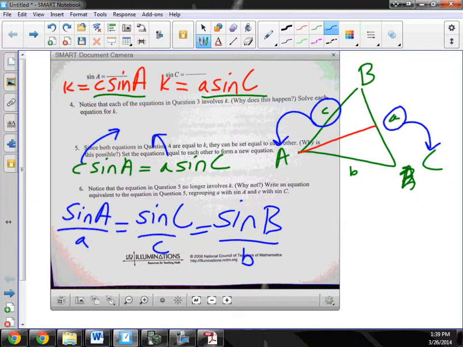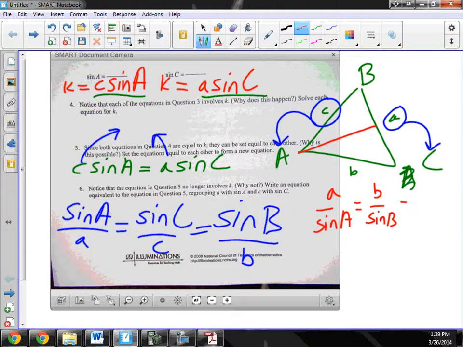Okay? And sometimes it's shown differently. Sometimes it's written like this, A over sine of A equals b over sine of b, which equals c over sine of c. And it doesn't matter how you do it. If you prefer one way or the other, that's fine.